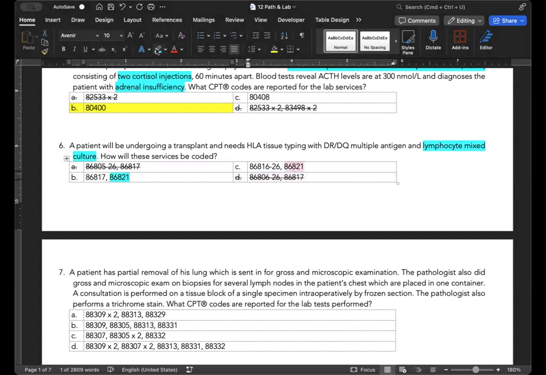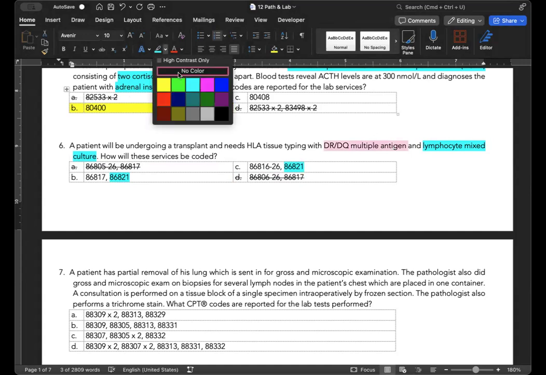And then we just need to decide, is it 86816 or 86817? The 817 because it's got multiple antigens. Yep, it's the DR, DQ multiple antigens. Yep.